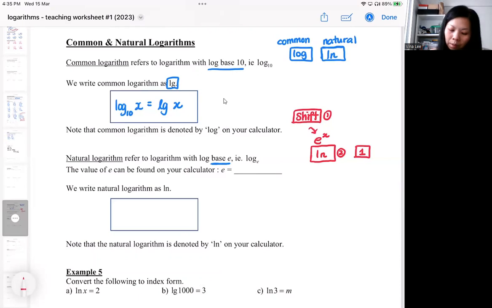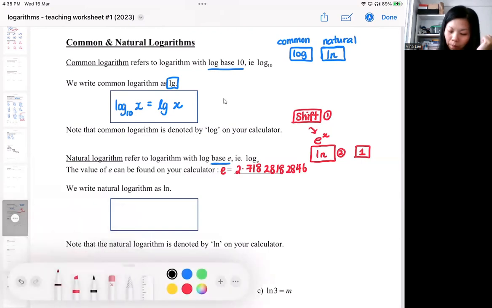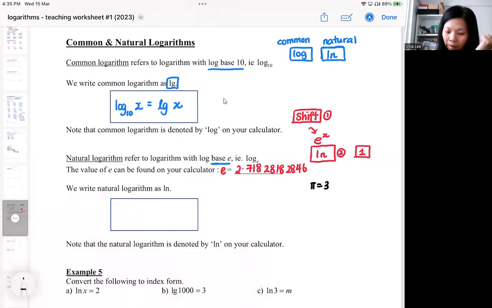You will see that your calculator returns 2.71828182846. This is a special number, something like the pi that you learned in primary school. In primary school, you learned about your pi being 3.142, and so on. So E is another special number. This E is called a natural number.